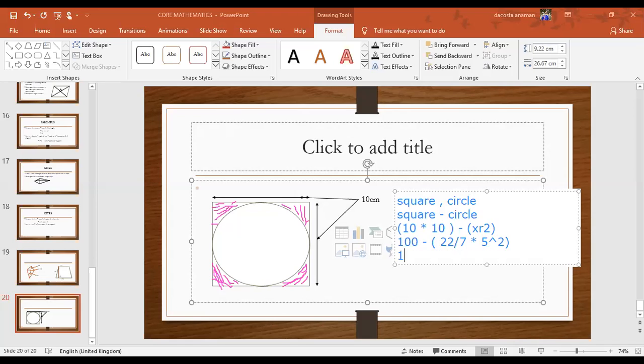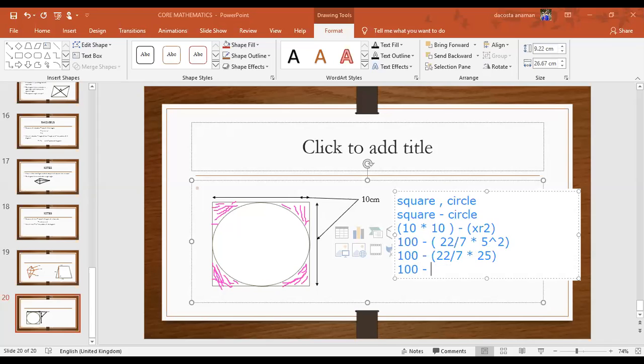Okay. So we have 100 minus 22 over 7 times 25. And that will give us, I think, 34 points over 7 by 25.